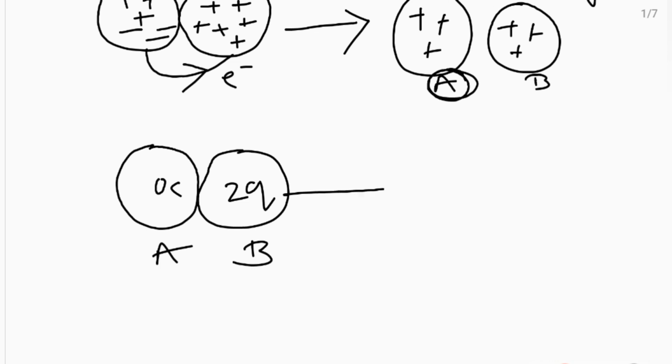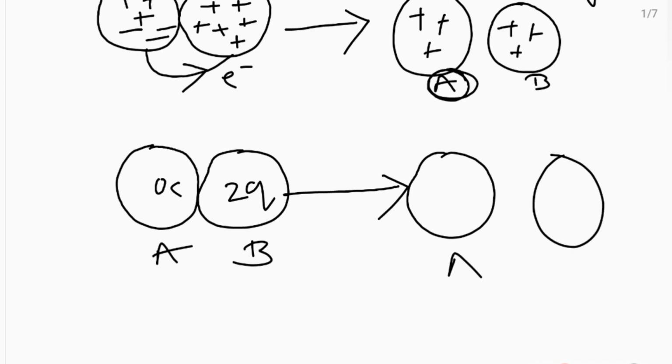Then after contacting, if they are identical, both will have how much charge? q and q. The charge shared by them is identical. So is it clear? Now I shall go to the question section.